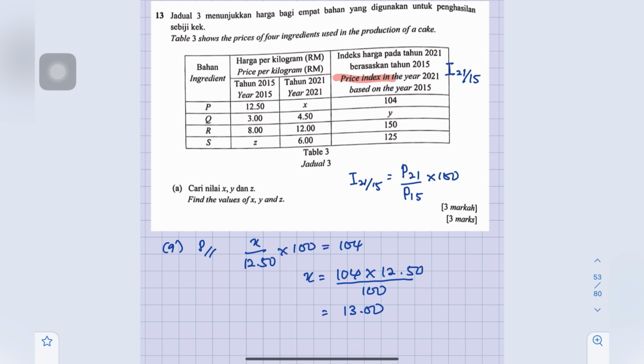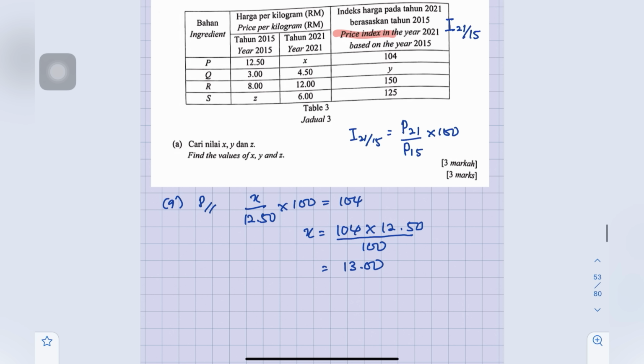To find Y for ingredient Q, Y equals price in the year 2021, 4 ringgit 50, over 3 ringgit, times 100.